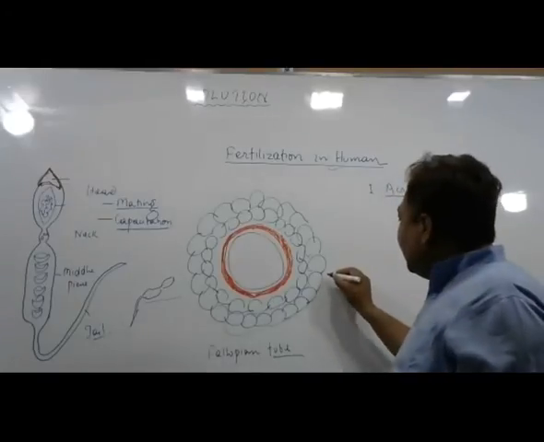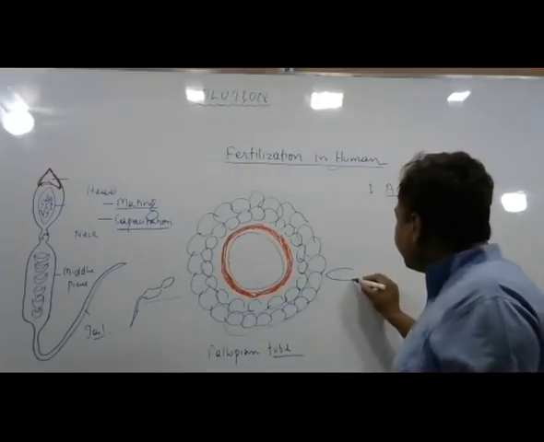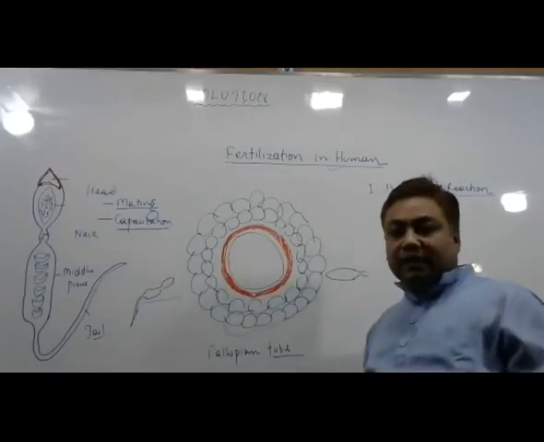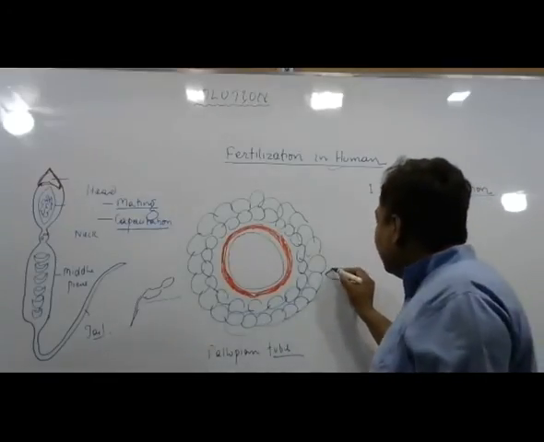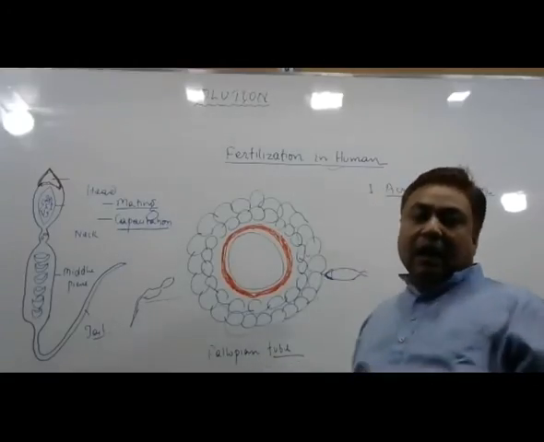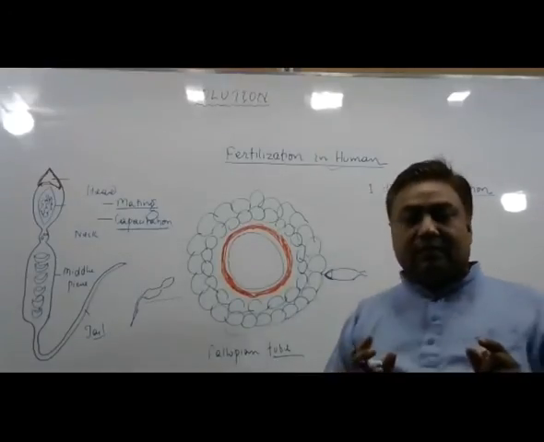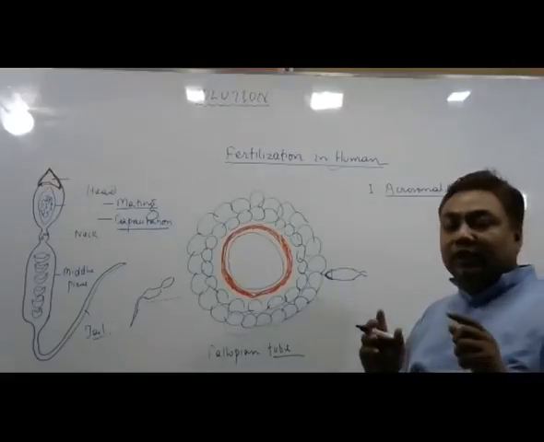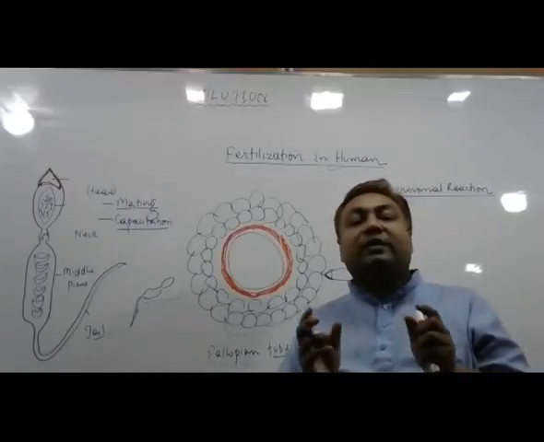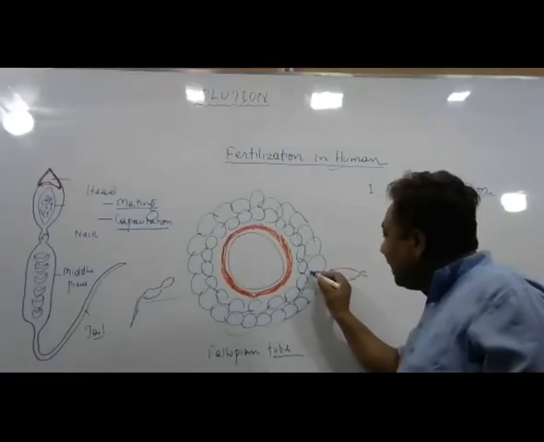When the sperm comes in contact with the corona radiata, the acrosome releases hyaluronic acid. The acrosome contains hyaluronic acid, or we can say hyaluronidase, which breaks the cementing material of the corona.